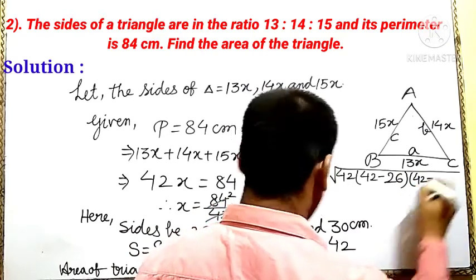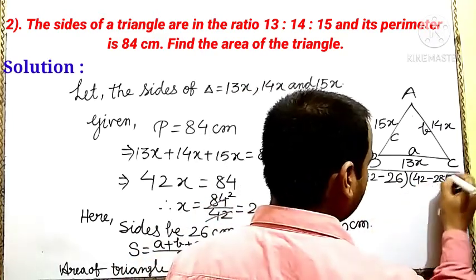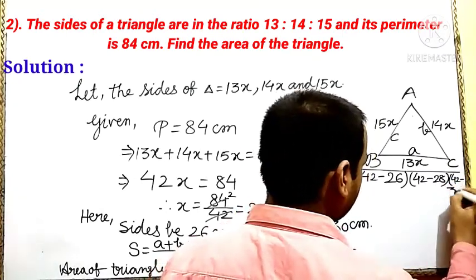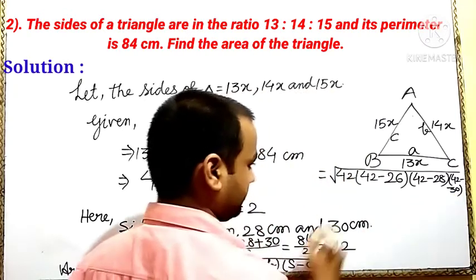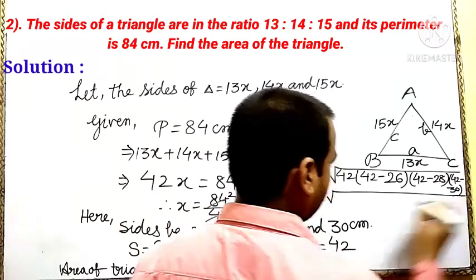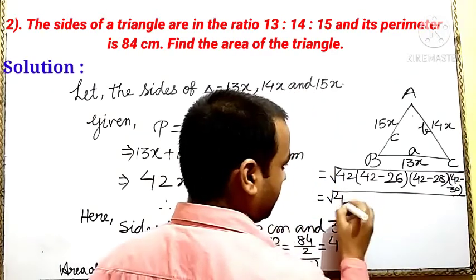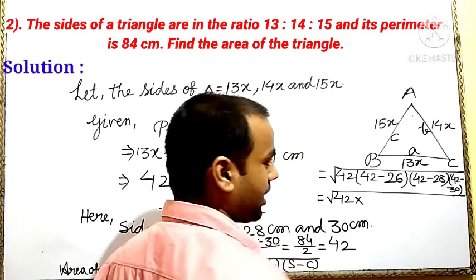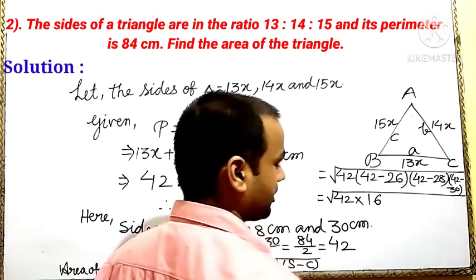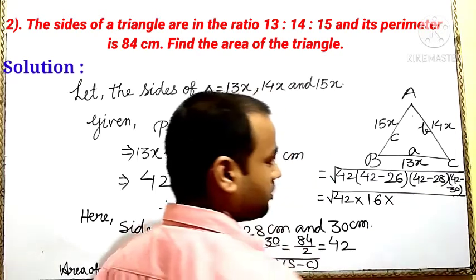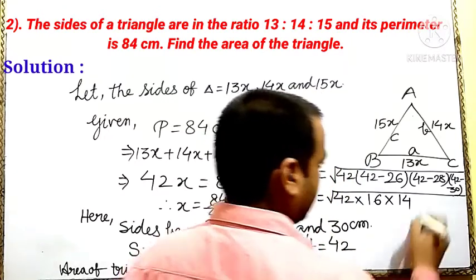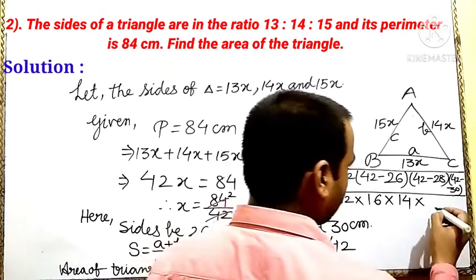Next 42 minus 28, and last 42 minus 30. Is it clear? Next step: 42 into 42 minus 26 we get 16, into 42 minus 28 we get 14, into 42 minus 30 we get 12.